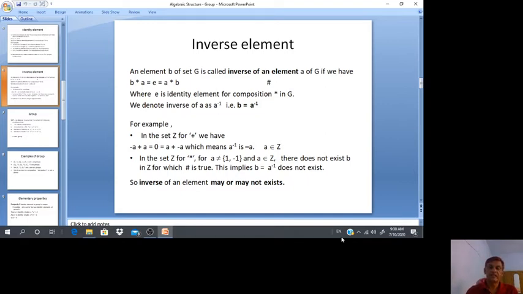So we see that the inverse of an element may or may not exist in a set.